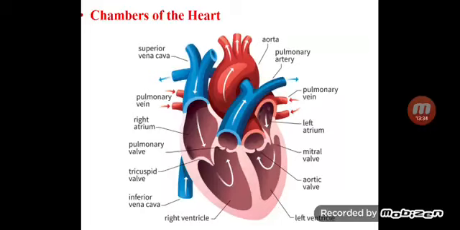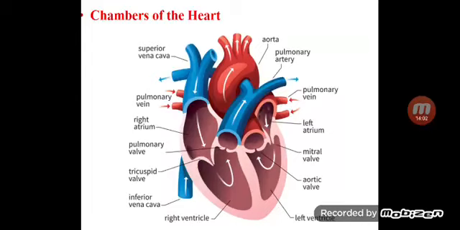The atrium opens into the ventricle by the atrioventricular valve. On the right side, it is the tricuspid valve, which consists of 3 cusps. On the left side, it is bicuspid, consisting of 2 cusps only.